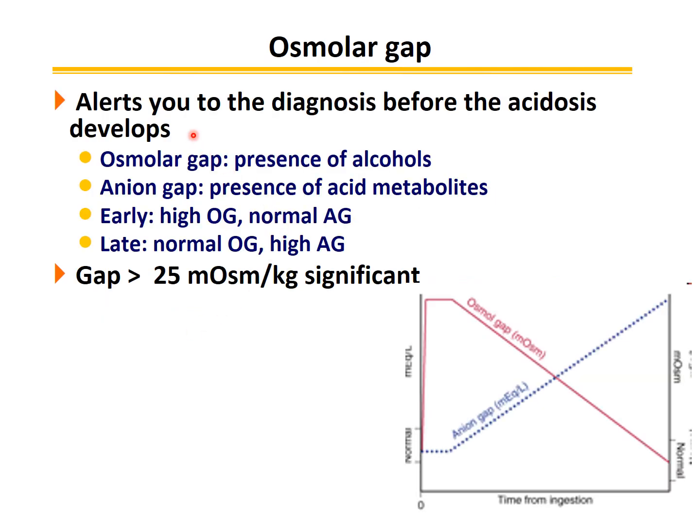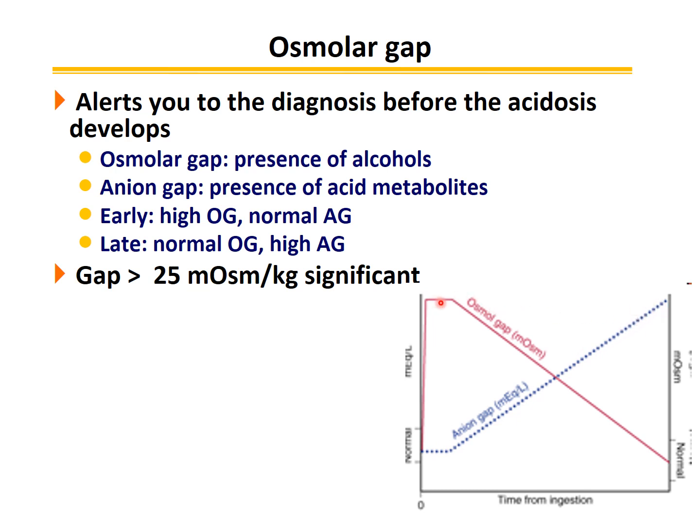Now, what will happen when we have an alcohol? Of course, at the beginning, the alcohol is still there. So this alcohol is not metabolized to any kind of acidic compound. Acetic acid is not formed yet. However, as the metabolism goes on, more and more acetic acid is formed, and this is why the anion gap starts to increase.